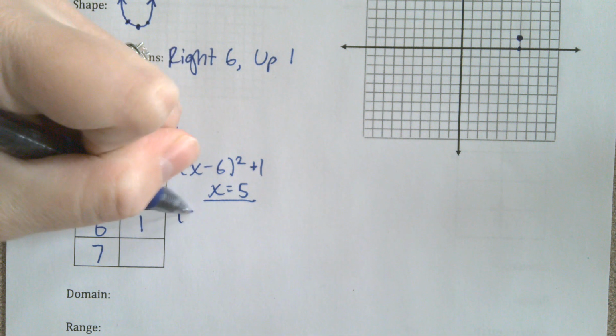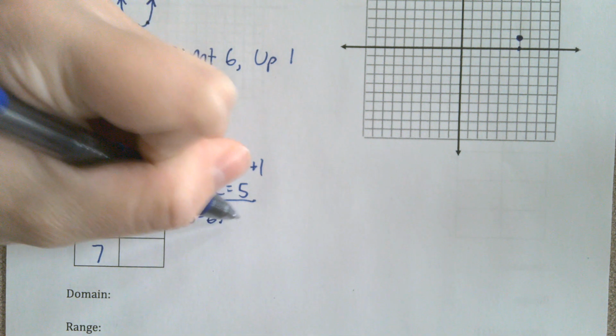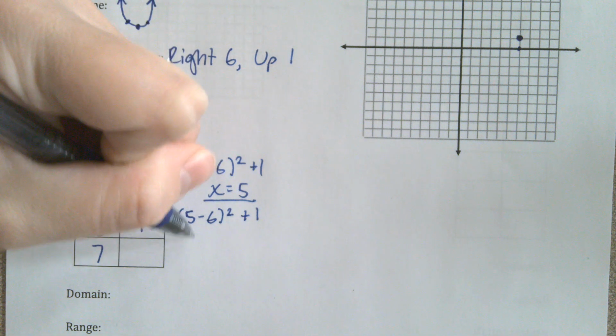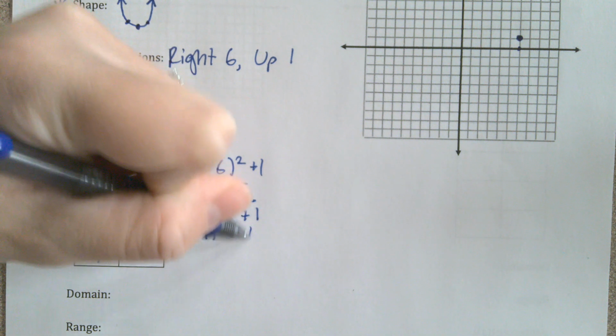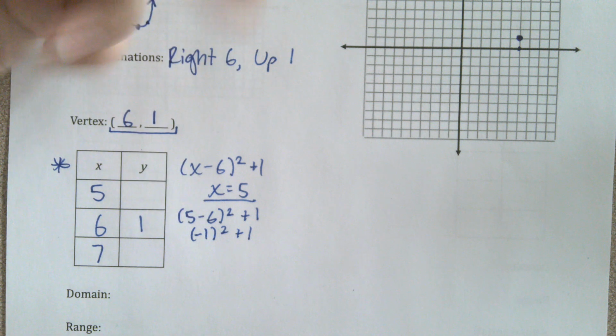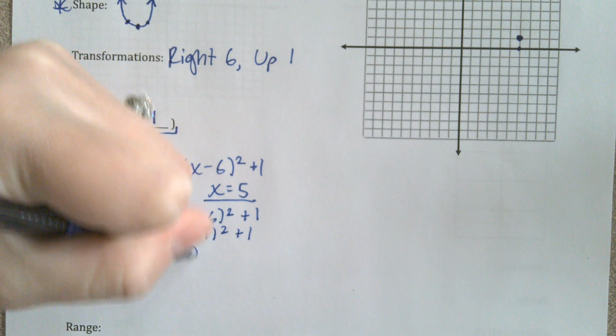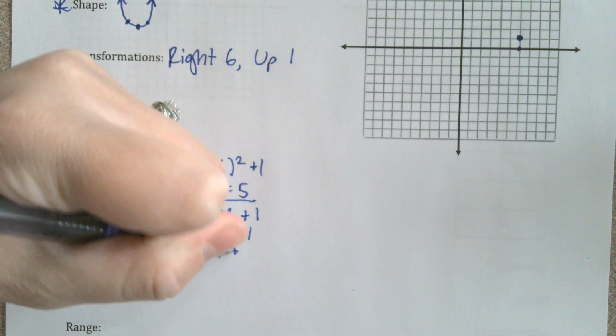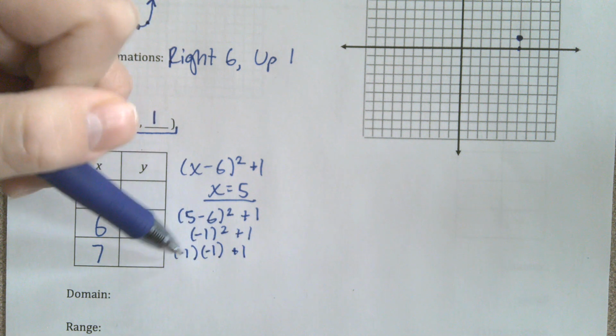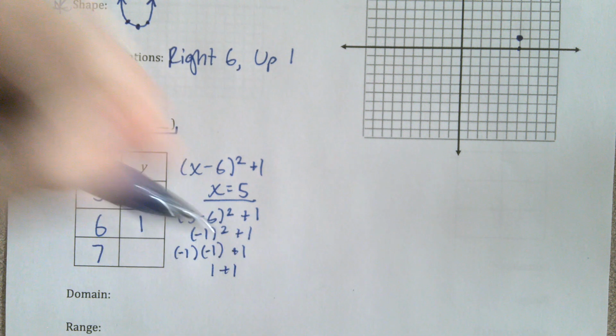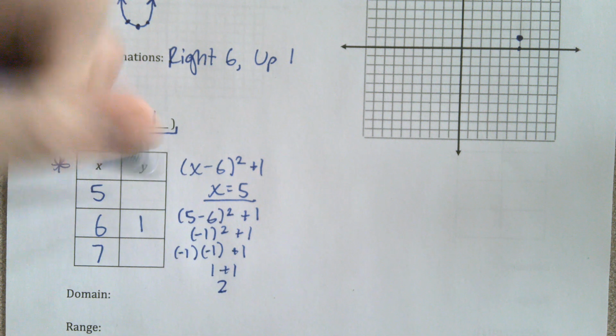So we have (5 minus 6) squared plus 1. 5 minus 6 is negative 1, squared. Negative 1 squared, remember, is negative 1 times negative 1. And negative times a negative is positive, so this is 1 plus 1, which is 2.